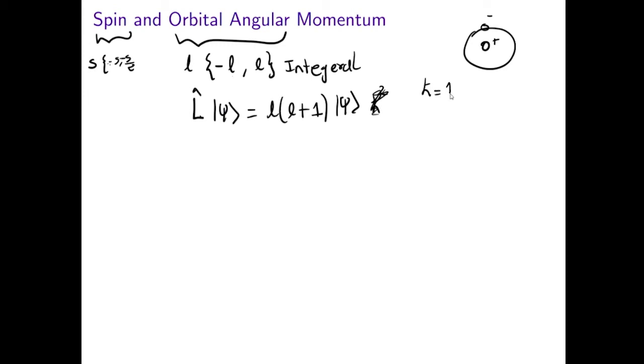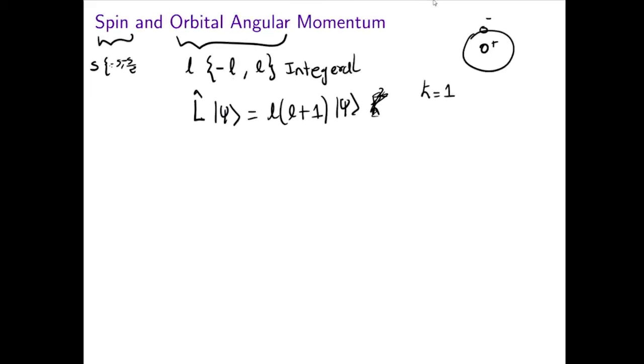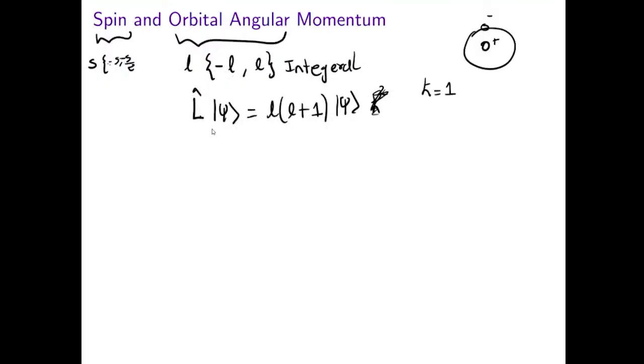I'm just going to set h bar to 1 for the sake of natural units. And what's up with spin then? Well, spin is a pretty similar case. When you apply it, you get S times S plus 1. But as we've seen, S can go in half-integer steps. And what is this S? Physically speaking, what does it mean?